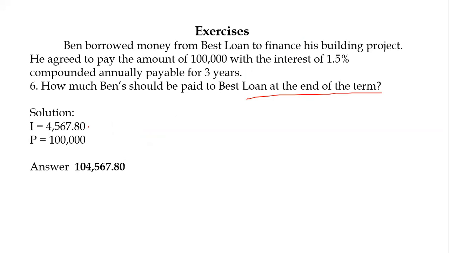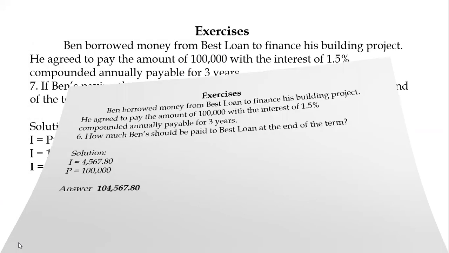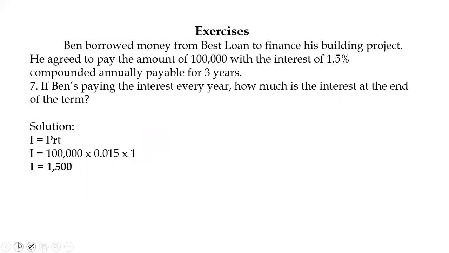The same. The interest we computed earlier plus 100,000. So the total amount Ben will pay at the end of the term, or at the end of 3 years, is 104,567.80.